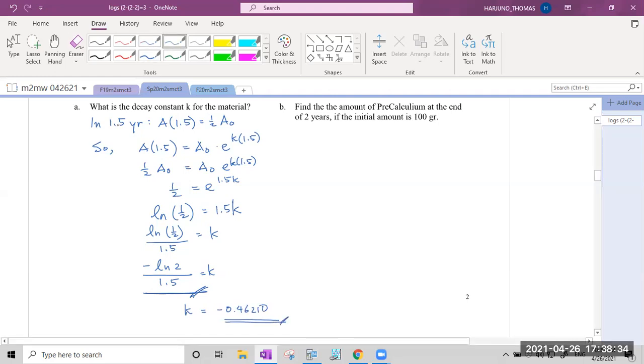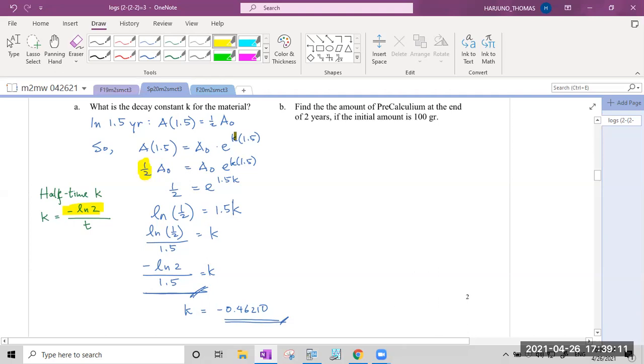Now, you may want to memorize this formula. For the half-life time t, k is given by negative natural log of 2 over t. Negative natural log of 2 is because of the natural log of 1/2.